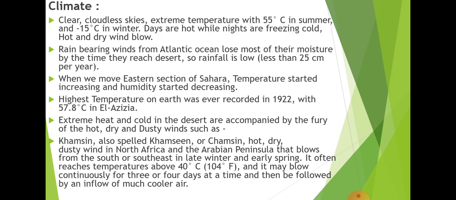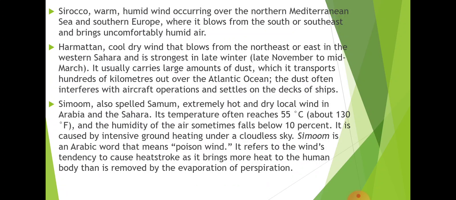After it stops, cold air starts blowing in the regions of North Africa and the Arabian Peninsula. So this is one of the gusty, dry winds that blow into the Sahara Desert.